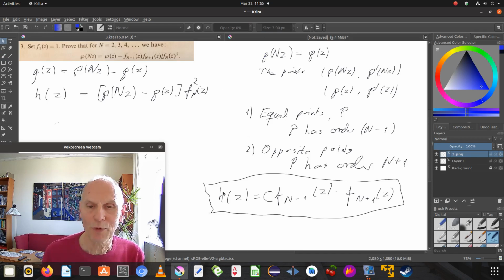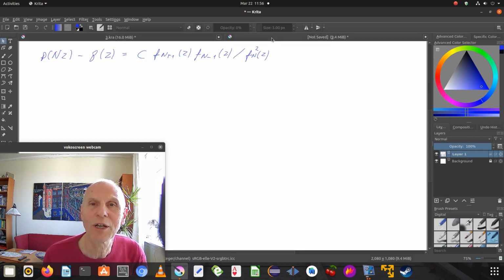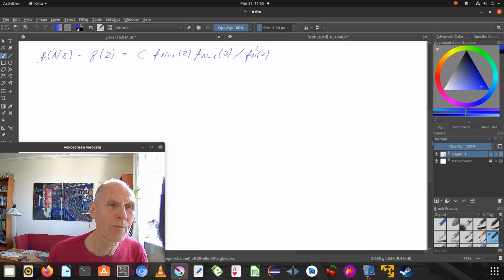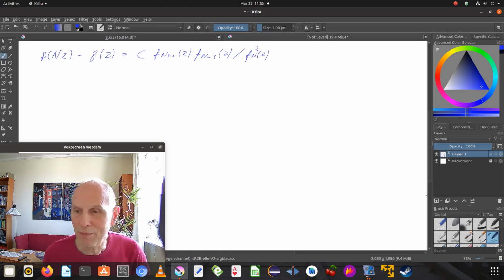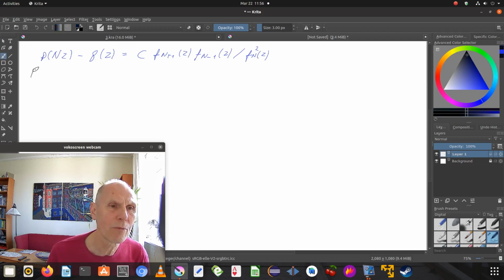So within one lattice, to find the constant, we need to look at the poles at z equals 0. I needed more paper to be able to do it. So, poles at z equals 0.